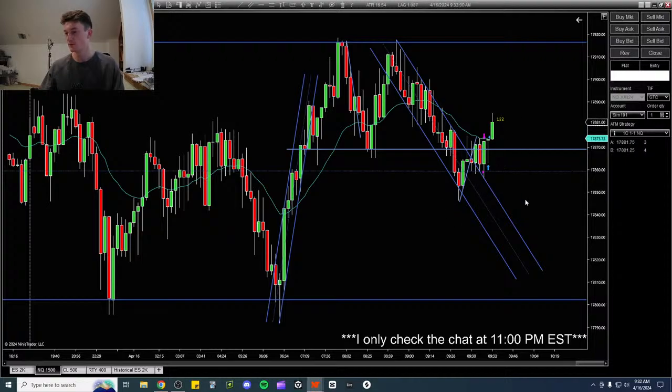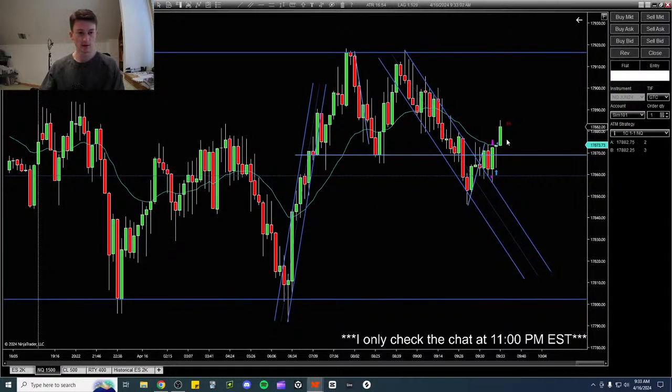So it could be 2 larger legs up here. The other piece of this is it is coming back within this support, which was looking like it might hold as resistance, but doesn't appear so. Might still get some sort of lower high there.